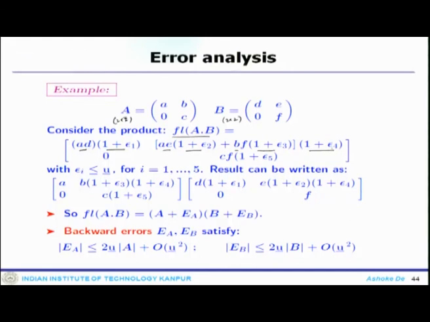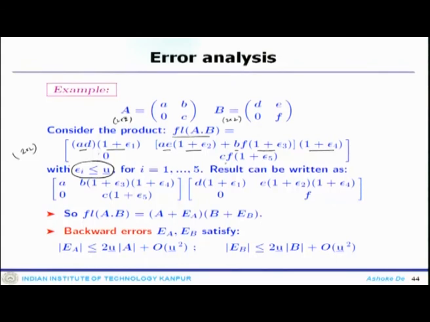This exactly follows the multiplication rule that we have discussed earlier. The 0 terms stay 0, and the last term would be cf(1 plus epsilon 5).